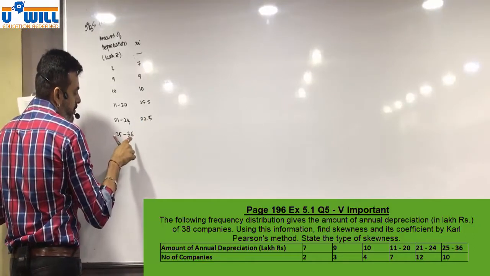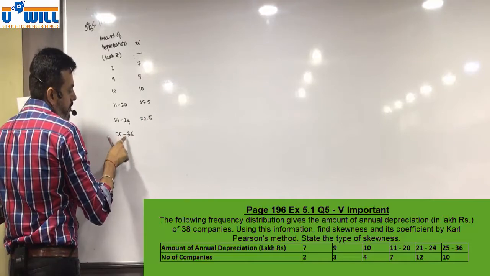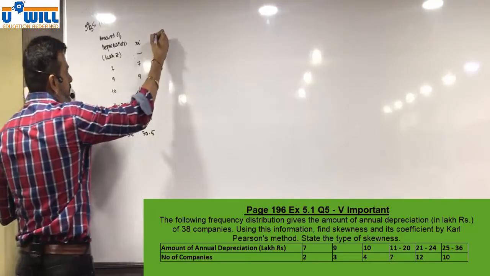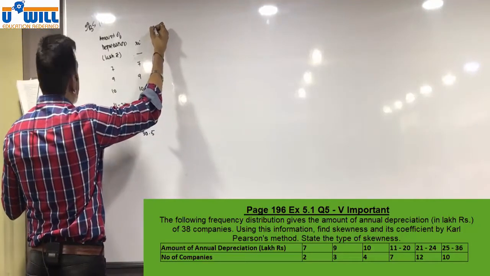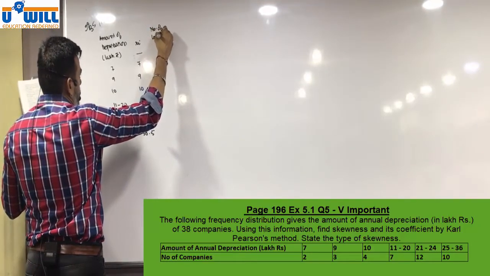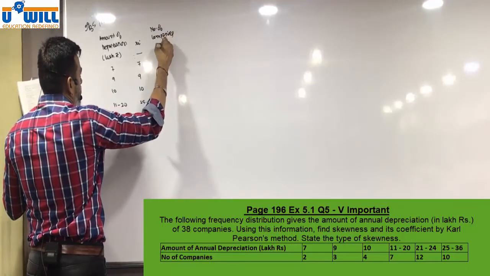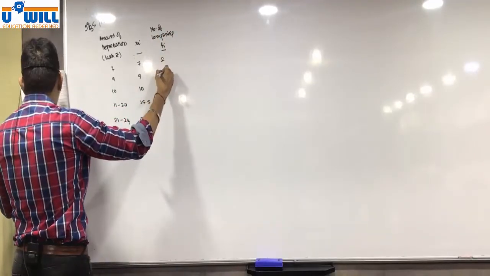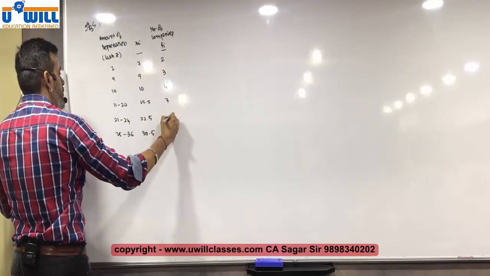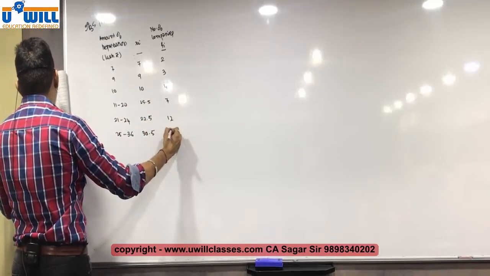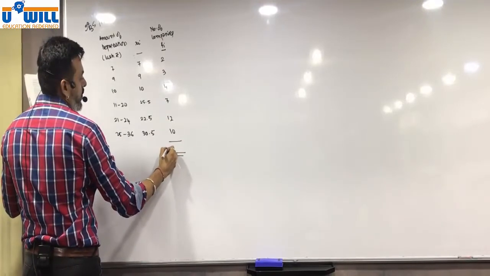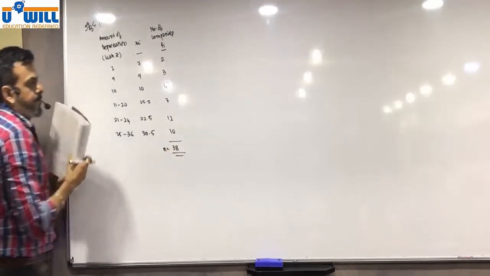And 25 to 36, 61, so 30.5. Frequency, number of companies, fi: 2, 3, 4, 7, 12 and 10. N is equal to 38.